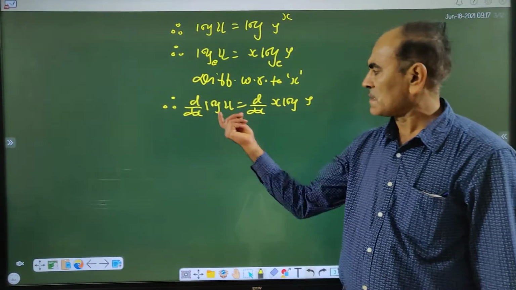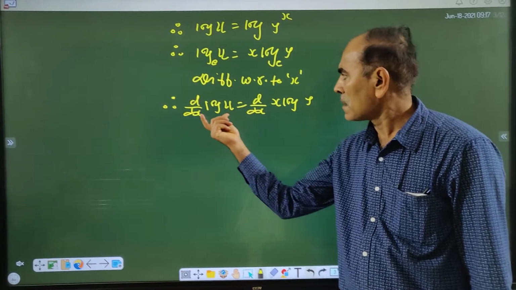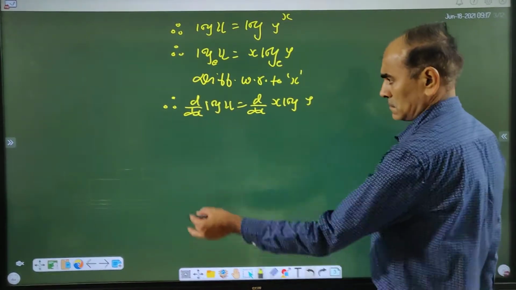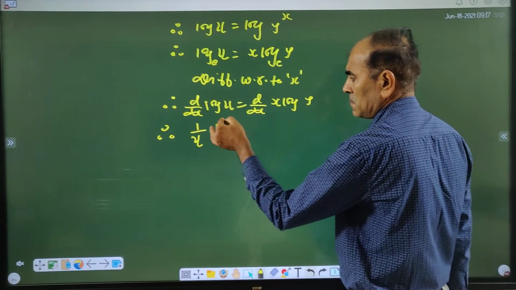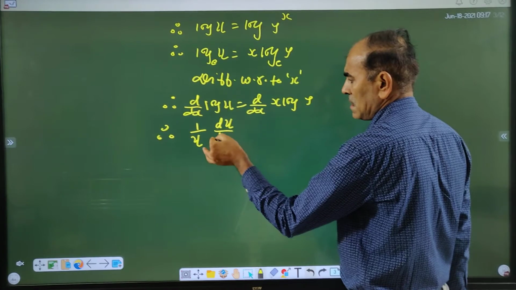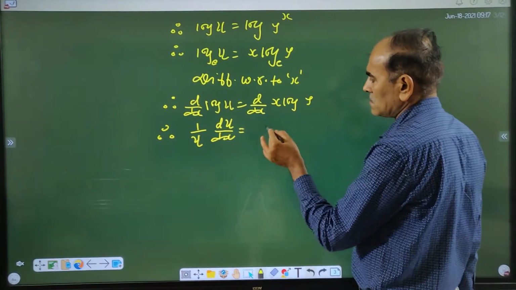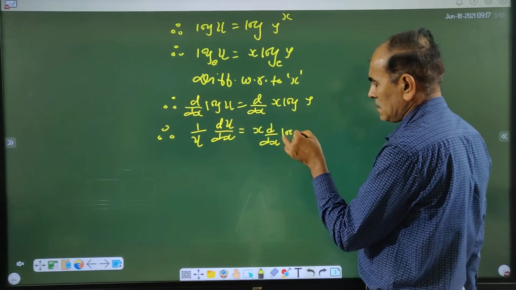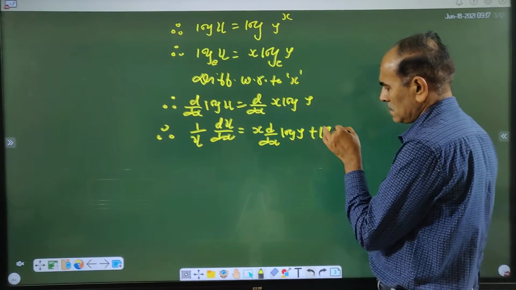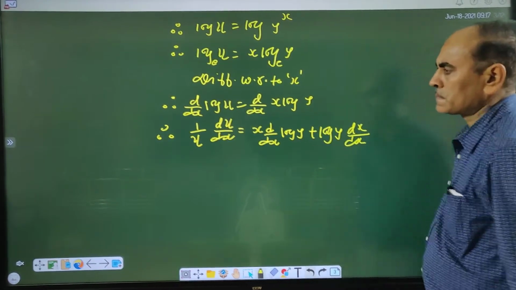Here a simple form is there, and here a product of two functions is there. So apply the product rule here, and here the simple rule. What is d by dx of log of some function? 1 upon the function into d by dx of the function. Here a product is there, so we apply the product rule: first function as it is, derivative of second, plus second as it is, derivative of first.